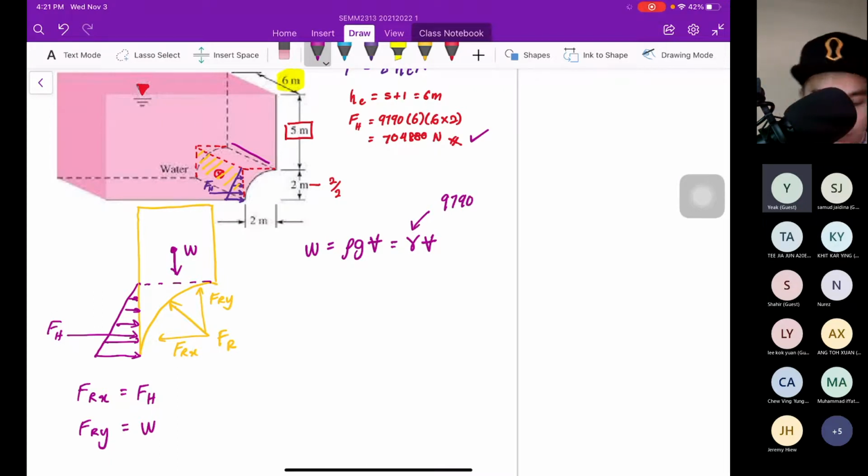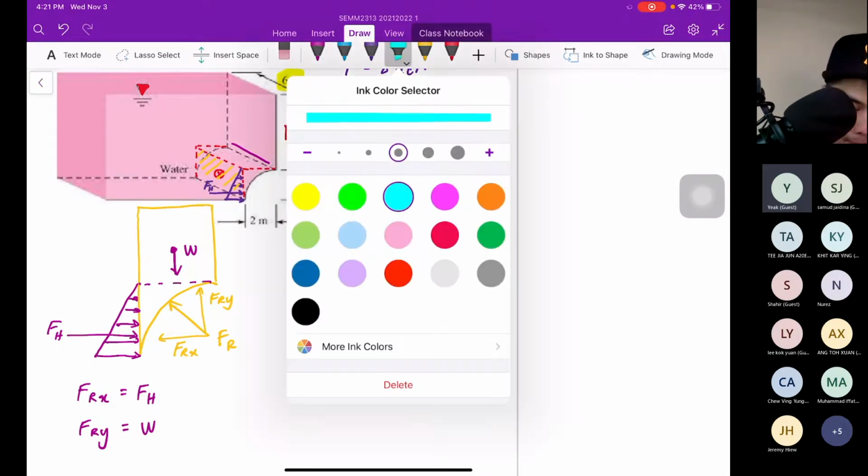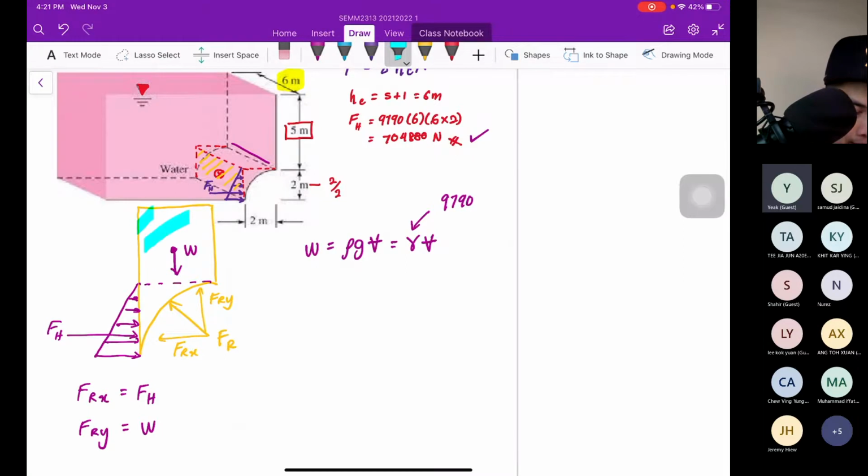However, how to calculate this volume? So the rectangular volume minus what? Anyone? Quarter of a circle. Perfect. Quarter of the circle.